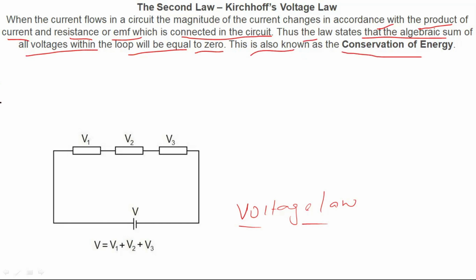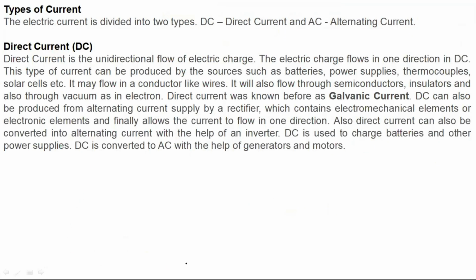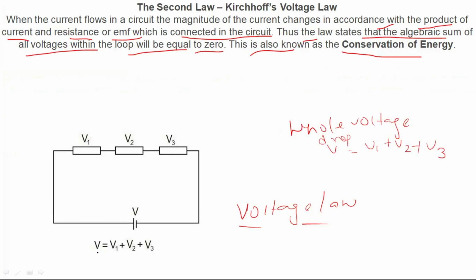That means the total voltage drops, say in the figure V1, V2, V3, must be equal to the applied voltage V. This is also known as the conservation of energy. So V is equal to V1 plus V2 plus V3 as shown in the figure.